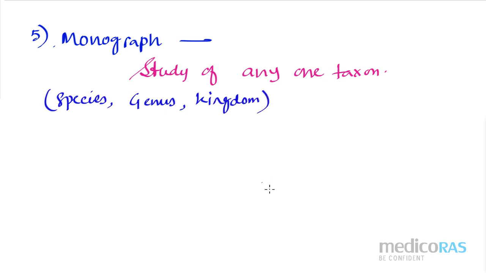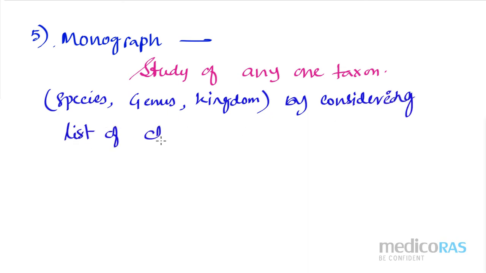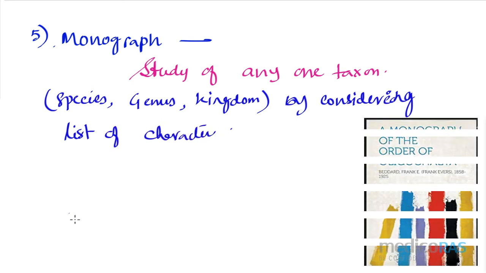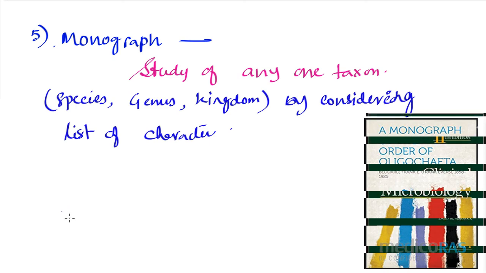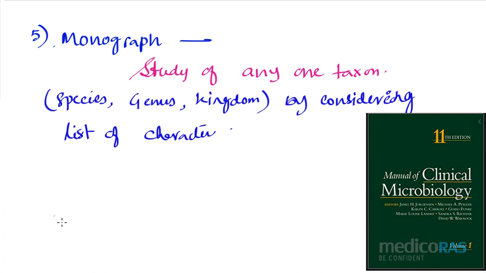Suppose I am describing the plantae, then I will study about the plantae only. That is the taxon. So study of any one taxon, whatever it may be, by considering a list of characters. This is known as monograph. So to study a taxon, I need a monograph. To give a name, I need a manual.